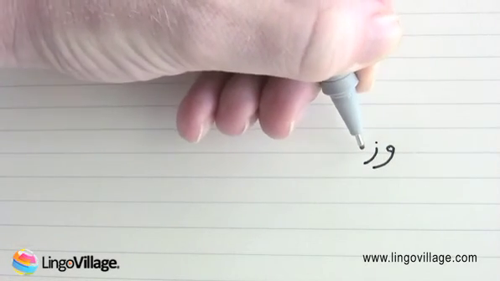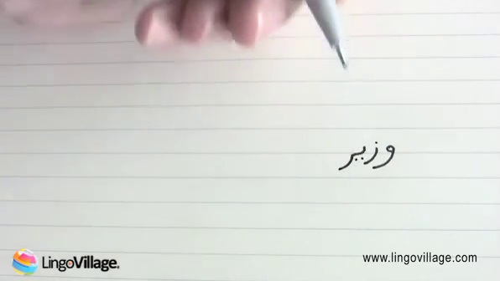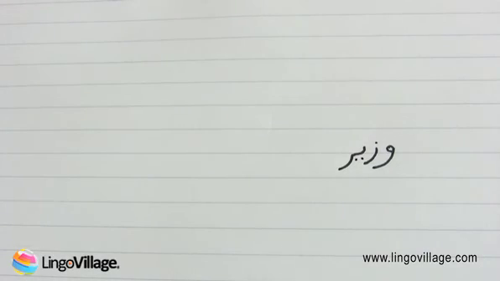Wazir. Wa is pronounced like the English W. It's also often pronounced, when as a vowel, a oo or o. U, o, and wa are the pronunciations of wow.